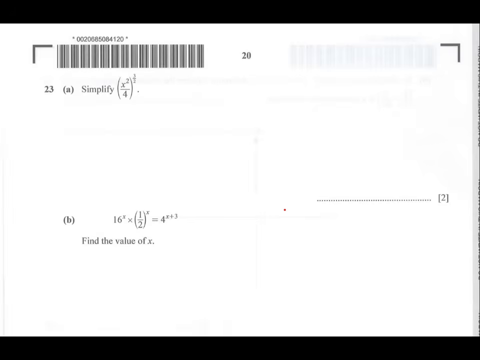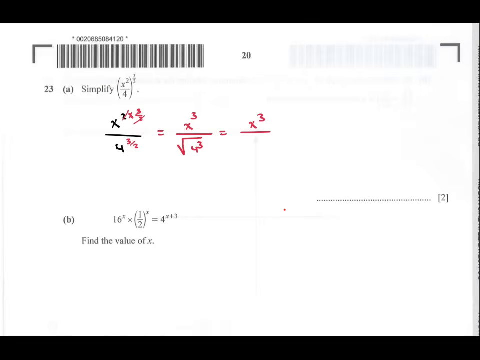Let's go to the final or the last question in this exam. Question 23, simplify (x^2/4)^(3/2). Multiply the numerator's power 2 by 3/2: the 2 with 2 will be cancelled, giving x to the power 3 in the numerator. 4 to the power 3/2 means the square root of 4^3.